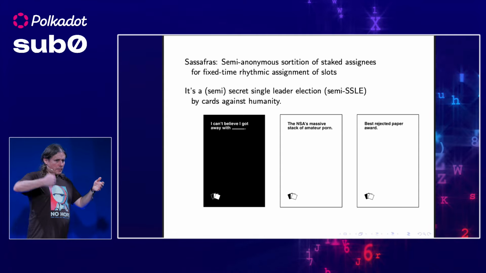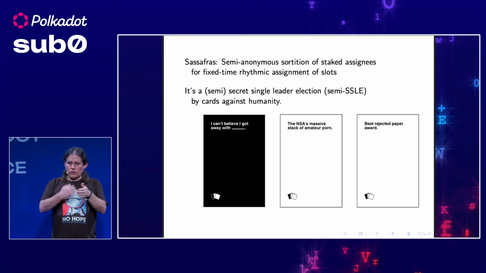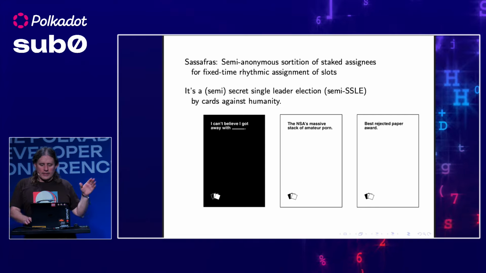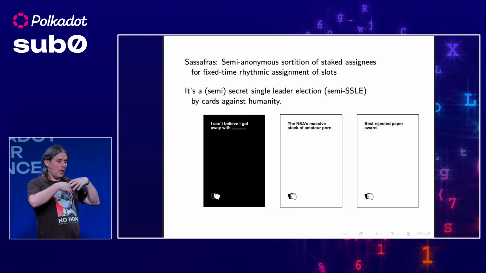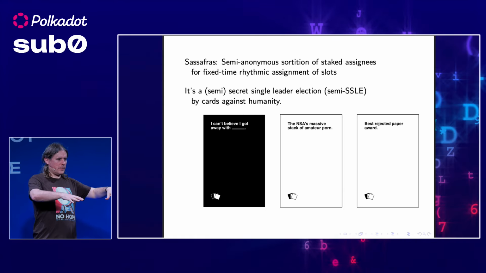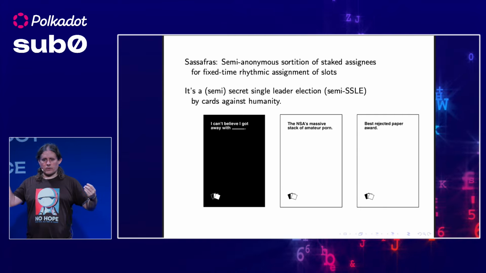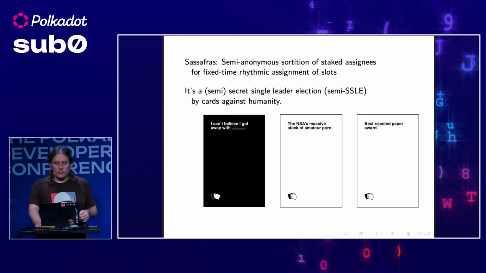This means that it makes a block every fixed time increment, every fixed 6 seconds, but you don't know who the block producer is until they make their block. So sassafras sort of works like block production by Cards Against Humanity. We use a ring VRF, we make a bunch of tickets, and then we just sort them. And we throw away the ones where the thing is too small or too large, or, well, the two in the middle actually is what we throw away.